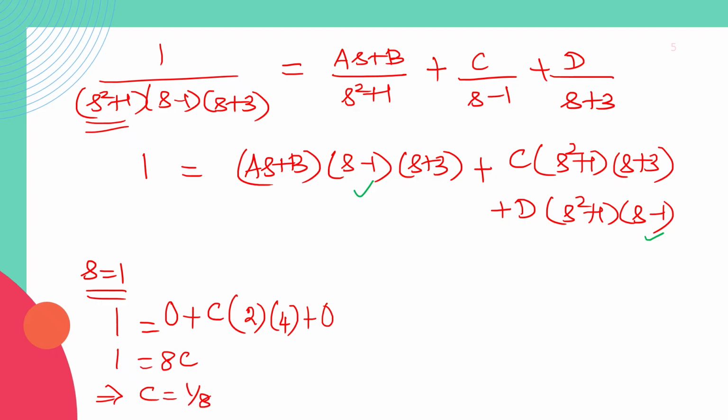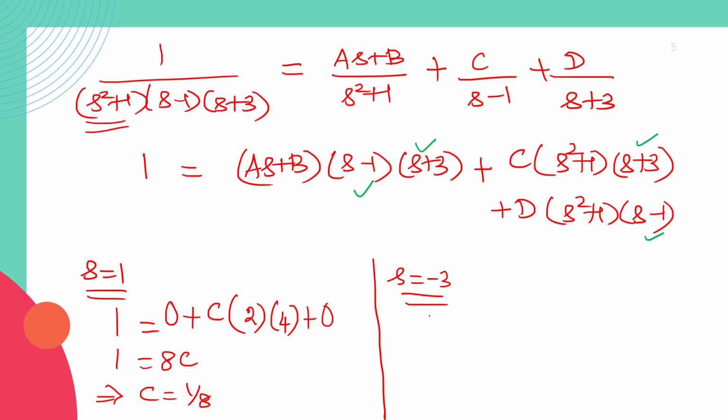Now let me take another value, s is equal to minus 3. If I substitute s is equal to minus 3, once again the first term will be vanishing out and c will be vanishing out, so it will be easy for me to get the value of d. Okay, let us go for that.